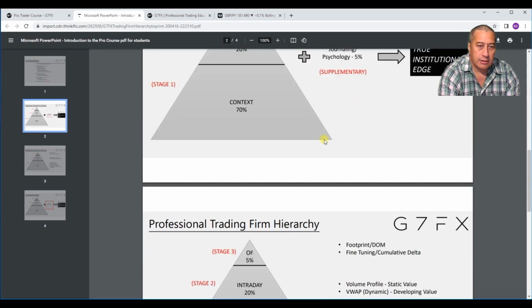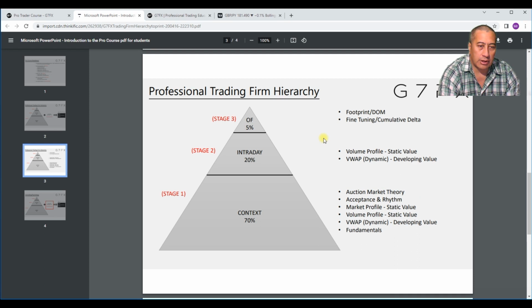Alright, so what he wants his students to do is put 70% of their mind and focus towards these things listed here. Alright, so the market profile and volume profile, they're exactly one and the same, so I'm not sure why he separated that.